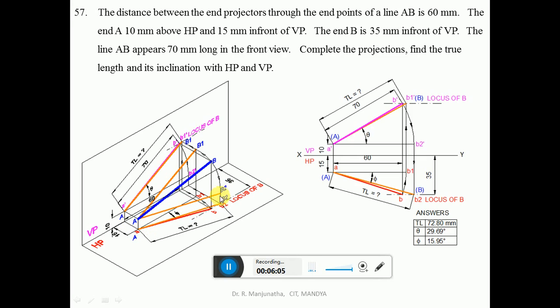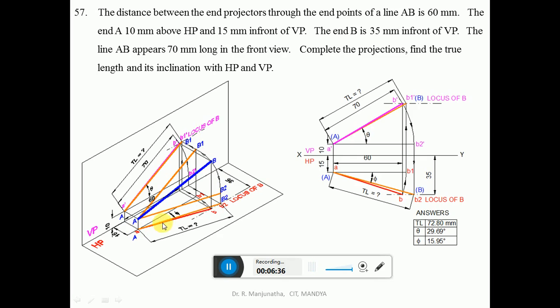Since the line is parallel to HP, when you look from the front view, both A and B2 will be above HP by 10 mm, so that means it will be parallel to HP. Since you are looking from the front view, when it is projected you will get the line A dash B2 dash, which is above HP by 10 mm, and this image will be on the vertical plane. When you look from the top view, it will be projected onto the horizontal plane with small a and B2.